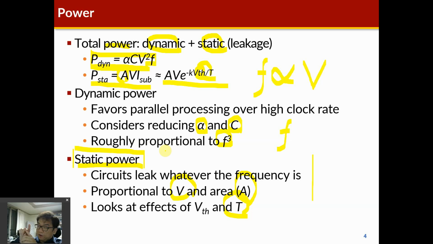So the barrier, the threshold voltage, is also reduced, so it's very difficult to block the leakage current to the ground in the circuit. Recently the amount of static power has become similar to dynamic power. The static power issue has also become a very critical problem of the CPU chip.